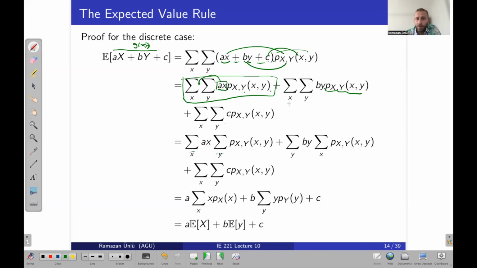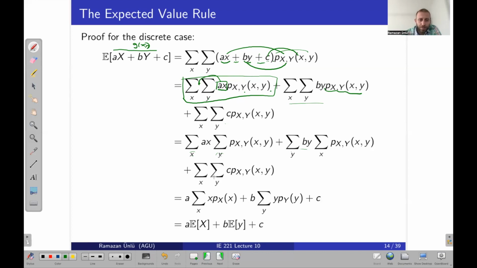And I will do the same thing here. For this one, by does not depend on x, so I will just change the order of the summation. That will be the summation of by for all possible y and the summation over x of the PMF p(x, y). And the same thing for this one.